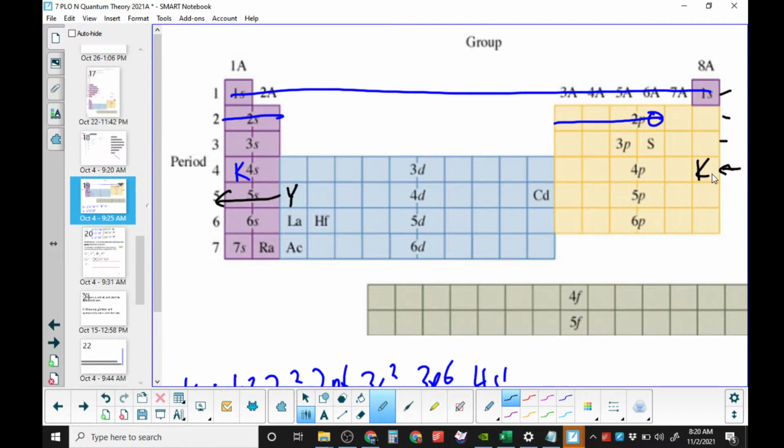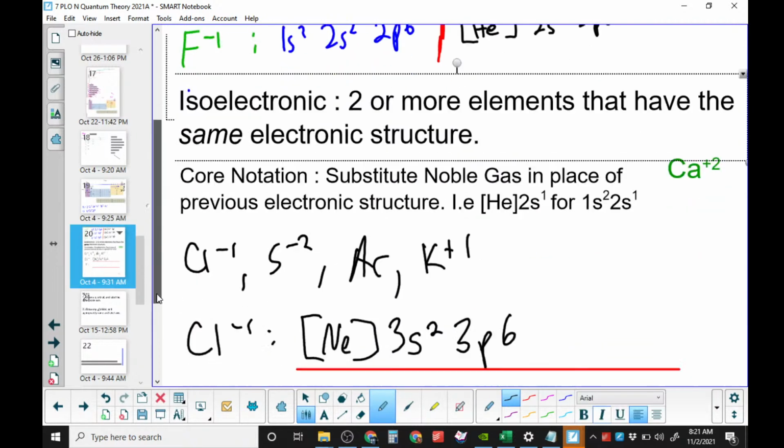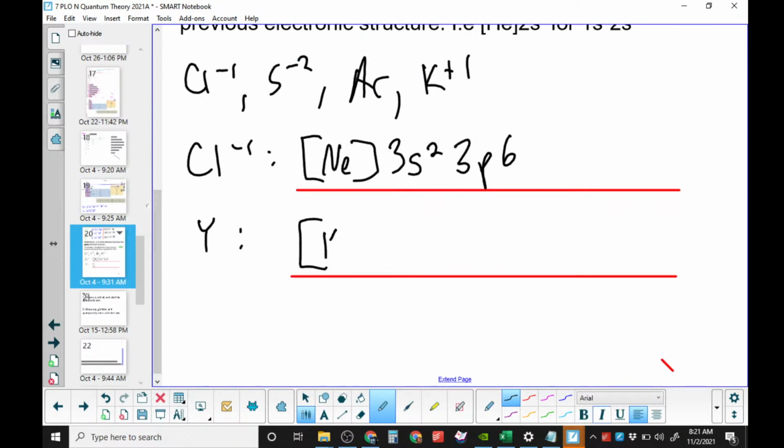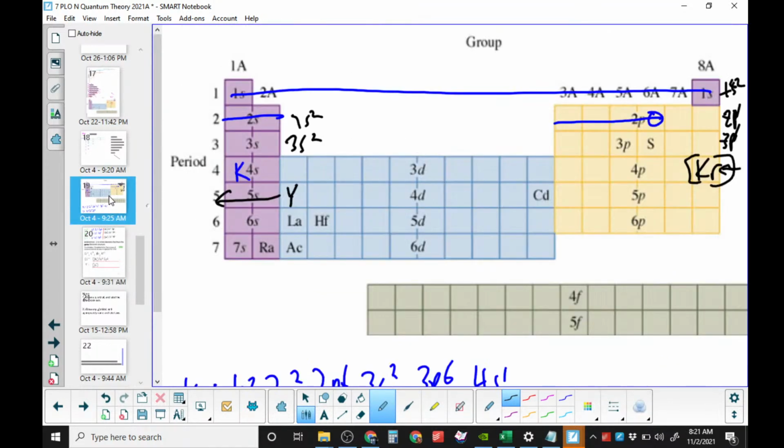Krypton. Superman. So rather than going 1s2, 2s2, 2p6, 3s2, 3p6, we can just say square bracket Krypton. And that way, all of that is just taken as read. So if that was krypton, and here we are with yttrium, we erase all this.